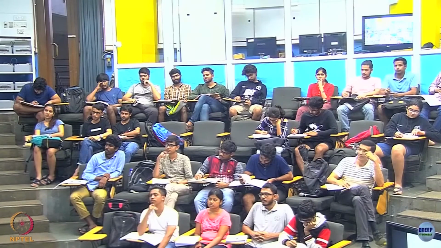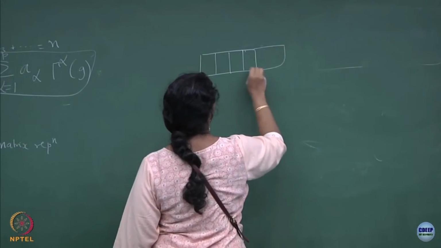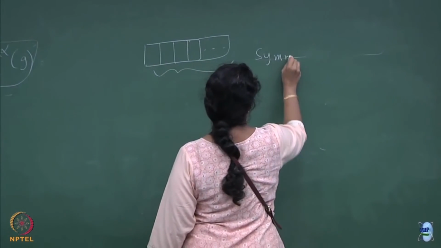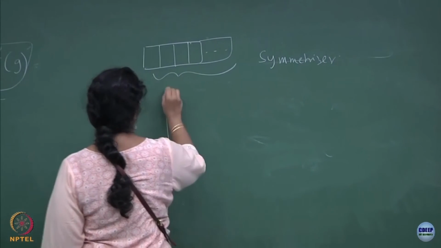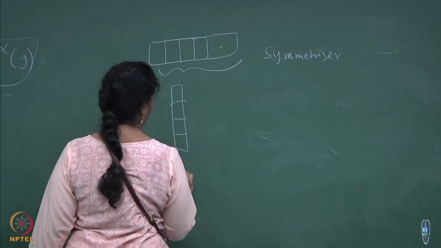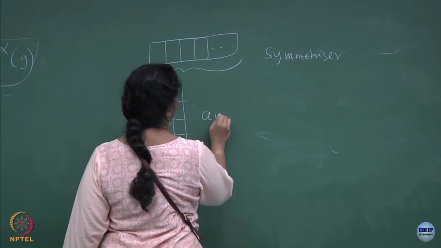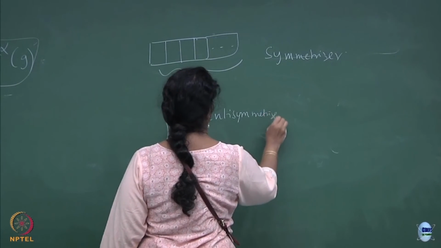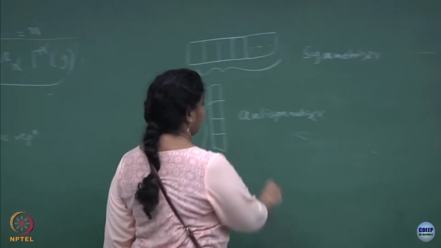So, this diagram is called symmetrizer. This diagram is called anti-symmetrizer. Okay. But you can also have mixed diagrams.